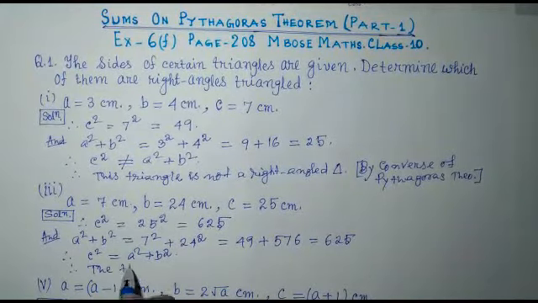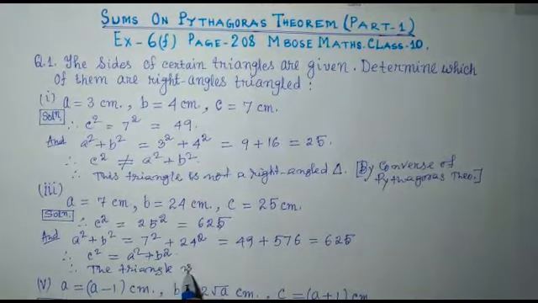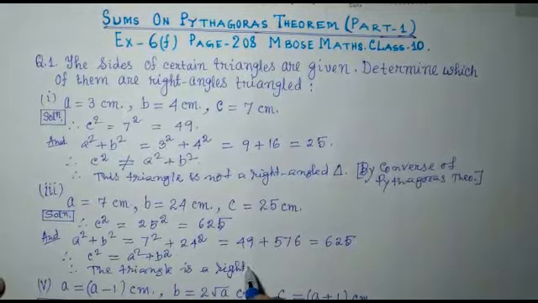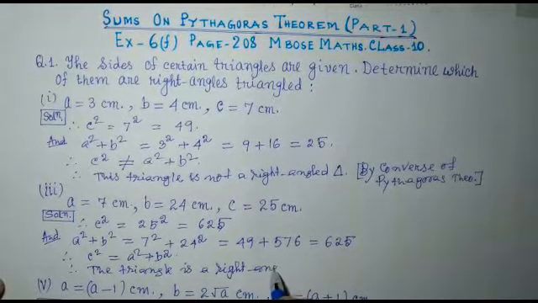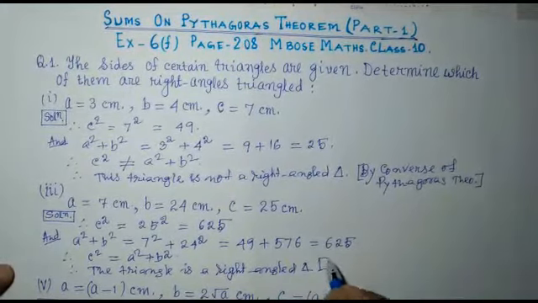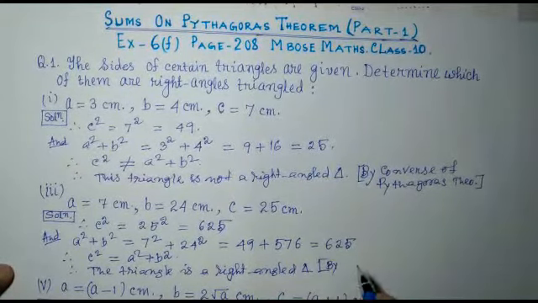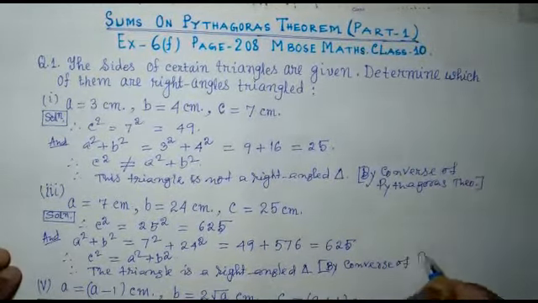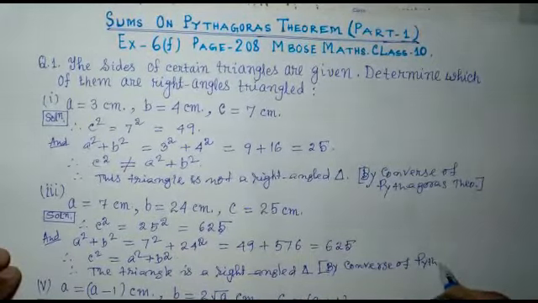So we can say the triangle is a right angled triangle by converse of Pythagoras theorem. We have to write the reason: by converse of Pythagoras theorem.